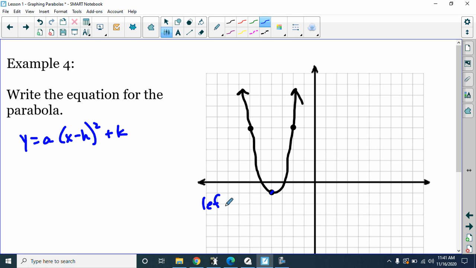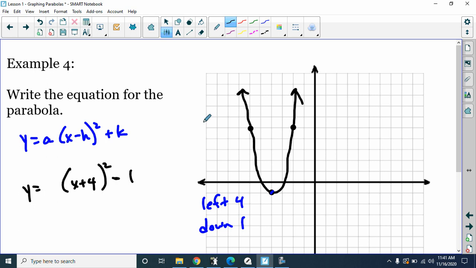So to get left 4, this needs to be x plus 4. Down 1, so that has to be -1. If it's a parabola, and it is, based on the graph here, this has to be squared.